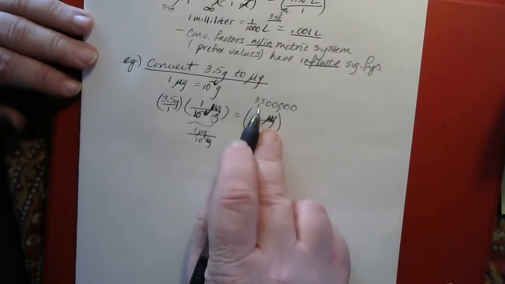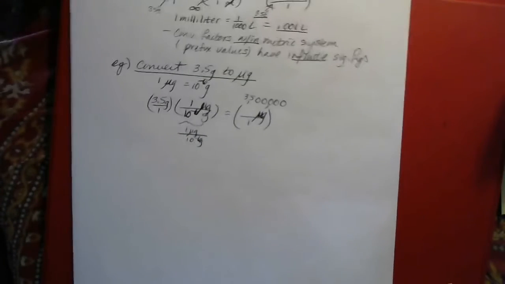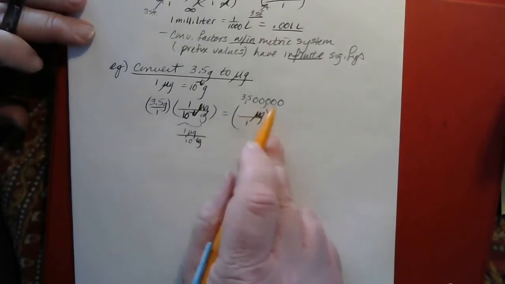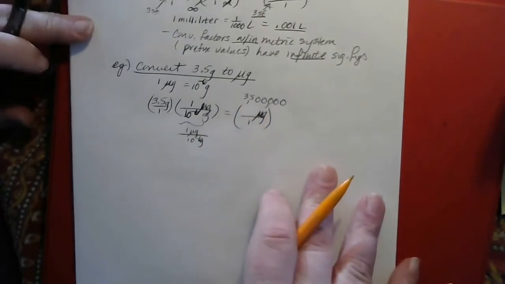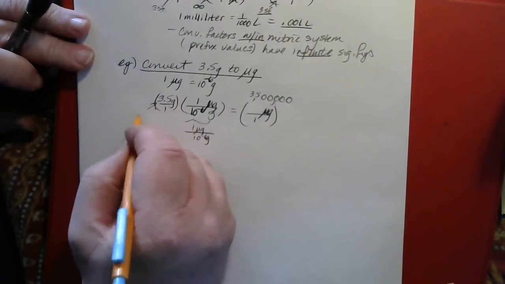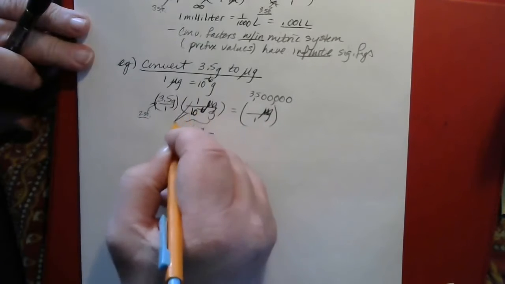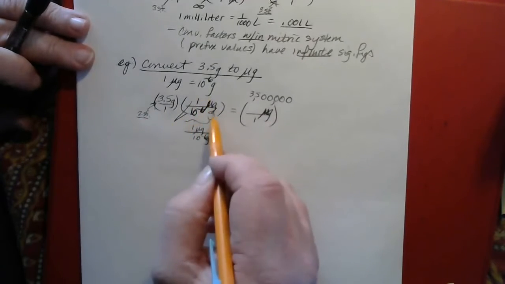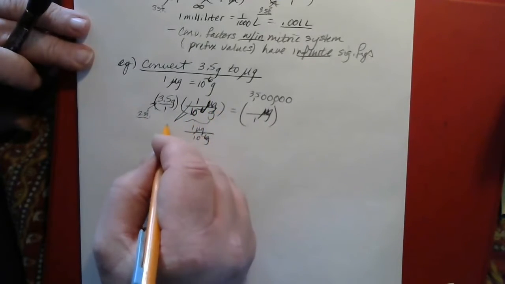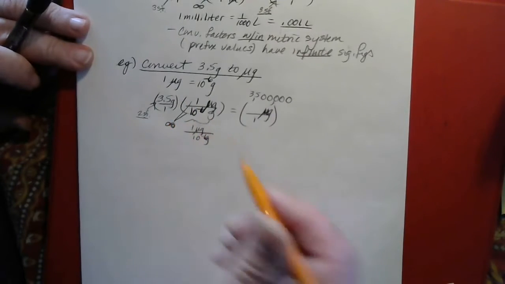Now that number there is very long, but actually without a decimal point, that only has 2 significant figures, which actually is what we want here. 3.5 is 2 significant figures, but the 1 microgram and 10 to the minus 6 grams, that is a conversion factor within the metric system.